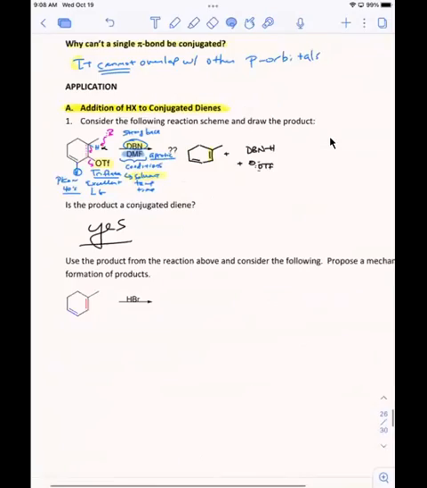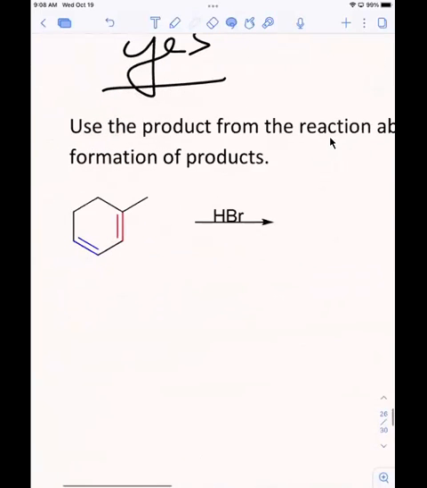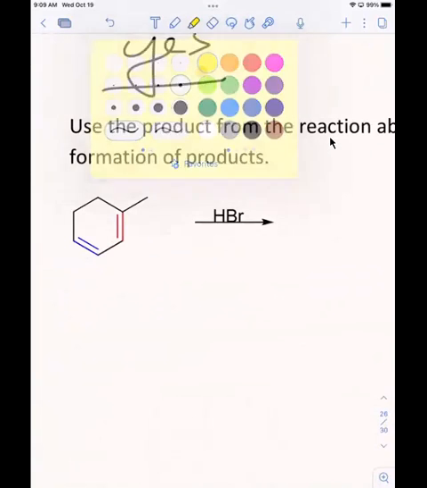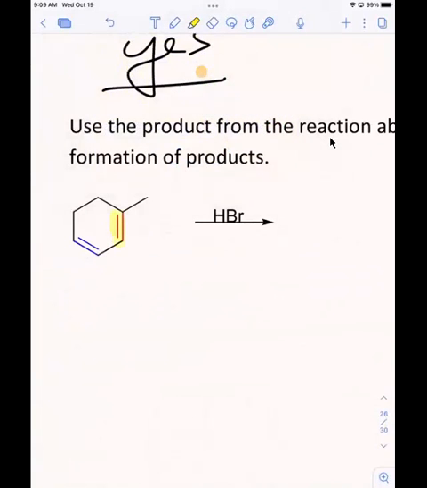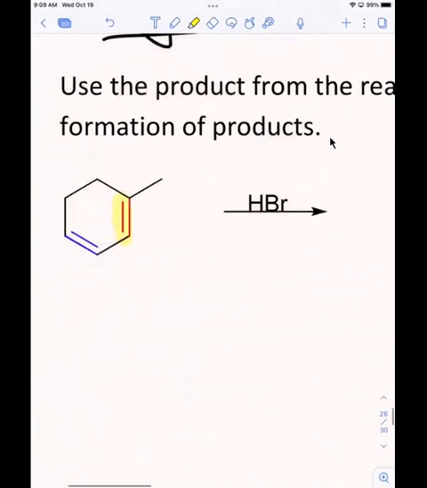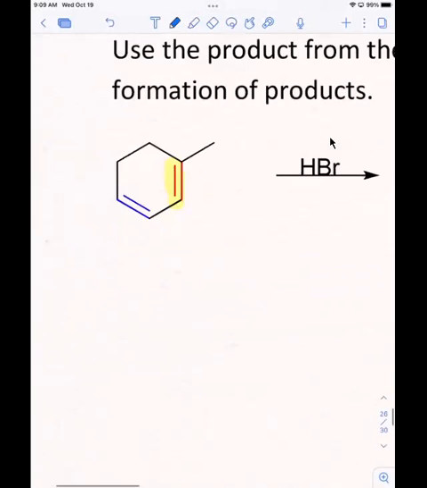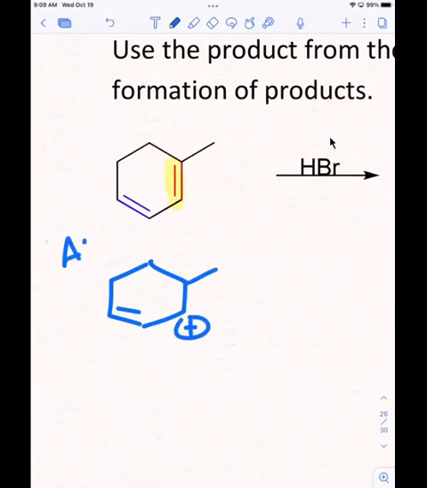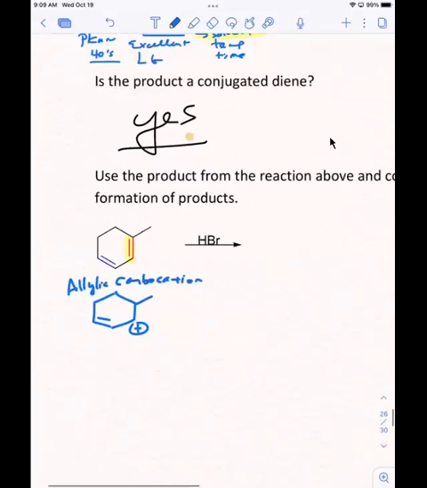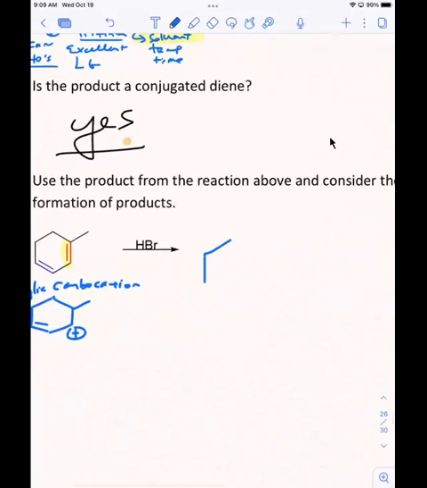Right, so up here, let's just go through the products. And so here, if this is the alkene that we're working with, we can assume that the intermediate would look like this. So that doesn't change. And this is a positive charge. This is an allylic carbocation. All right, so we can assume if we use that red alkene that these are my two products.